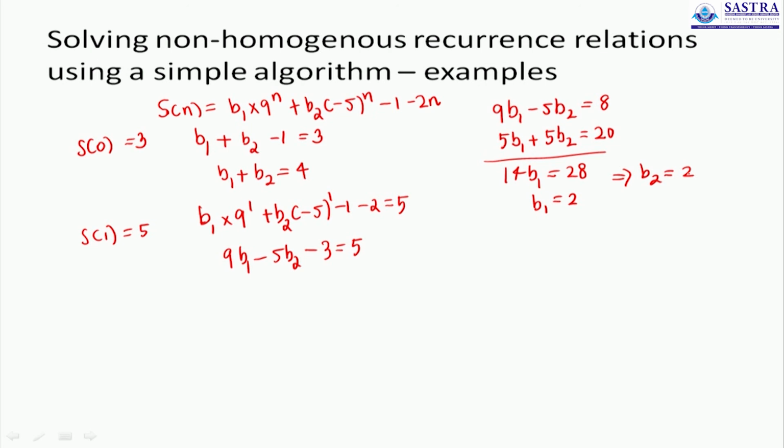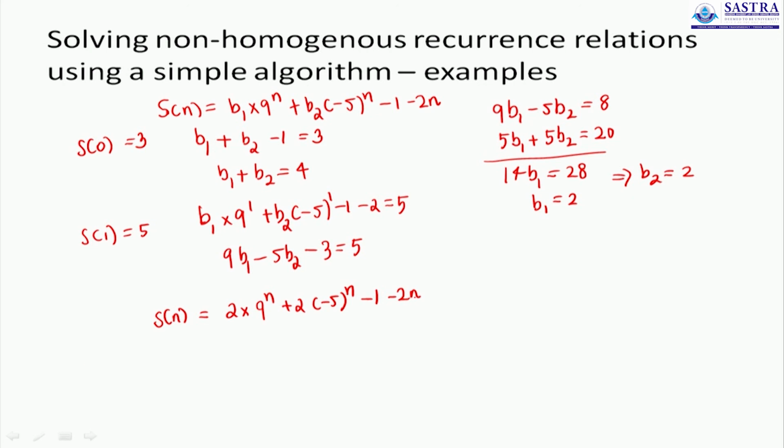Hence the recurrence relation in its complete form without any arbitrary constants can be written in this form. S of n is going to be 2 times 9 power n plus 2 times minus 5 power n minus 1 minus 2n. Now let us try and find S of 2 in two different ways.